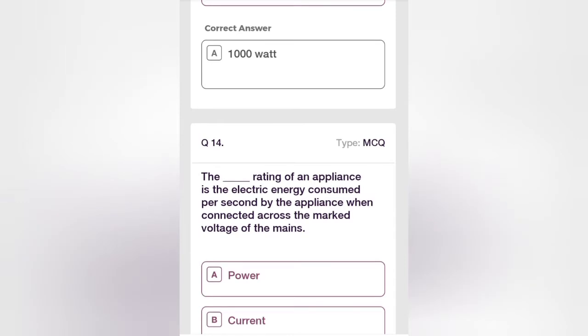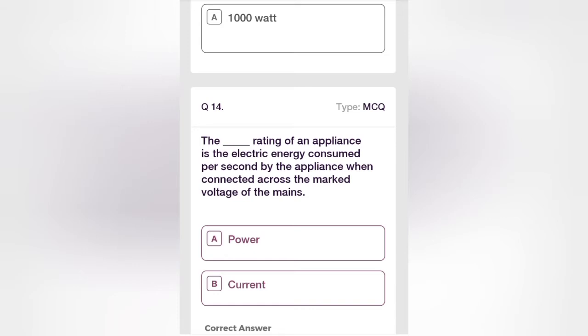The dash rating of an appliance is electric energy consumed per second by appliance when connected across the marked voltage of the mains. See, energy per second, energy per time, what do we call? It's power.